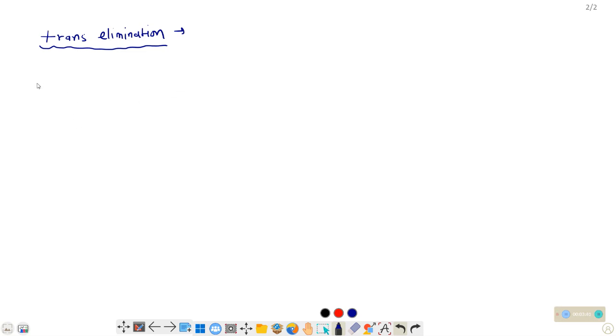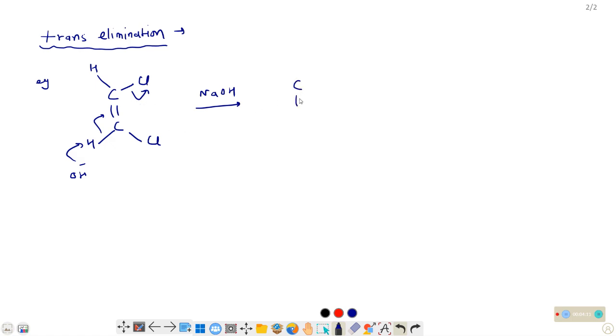Like we can take an example. This carbon-carbon double bond, then there is a chlorine, which is a leaving group, and hydrogen. If we take a base like NaOH, OH minus will remove a hydrogen from here, and then chlorine will leave as the leaving group. So it gives us an alkyne.